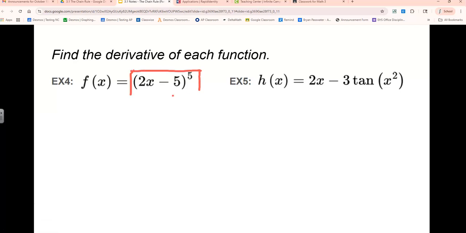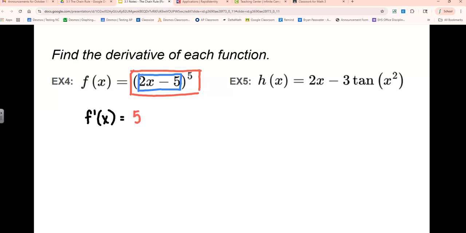Your outside is that the stuff is being raised to the 5th power. The inside is 2x minus 5. So to take the derivative of the outside, it's just something to the 5th power.